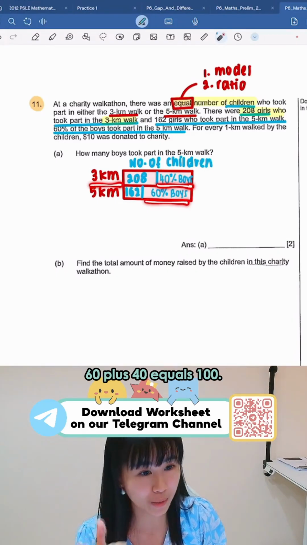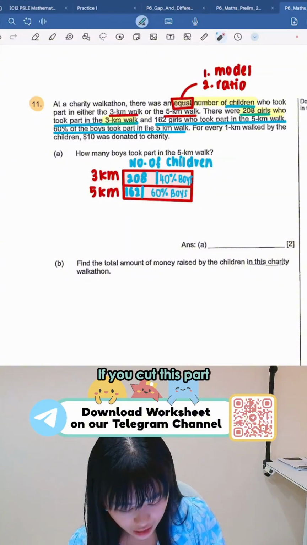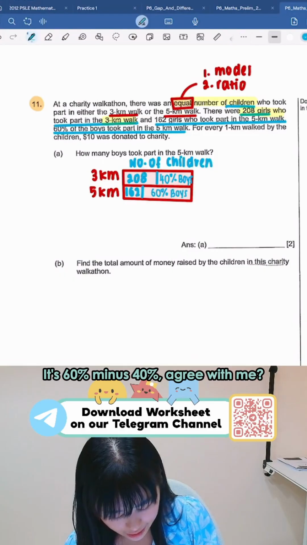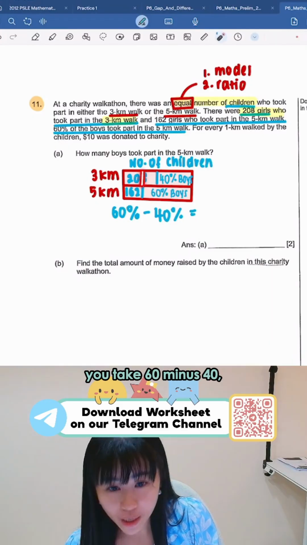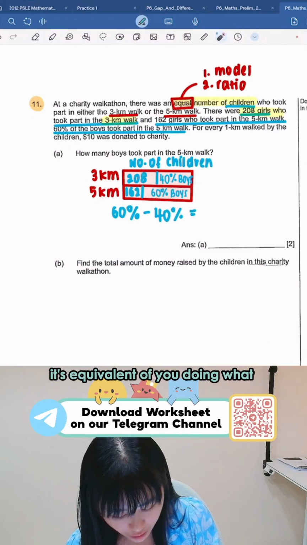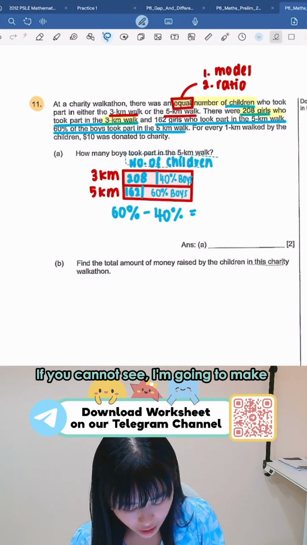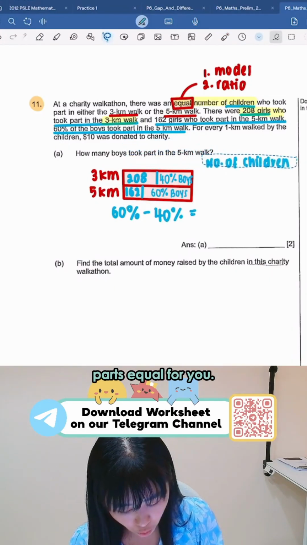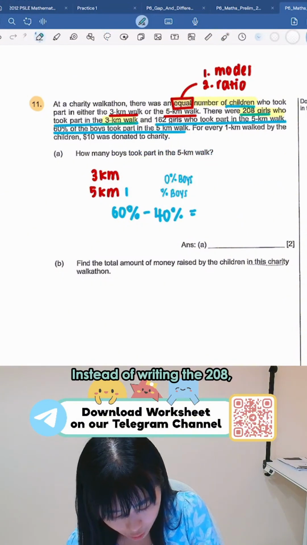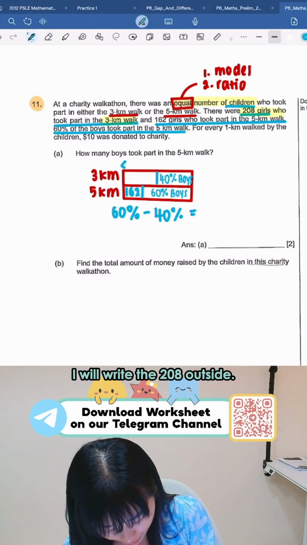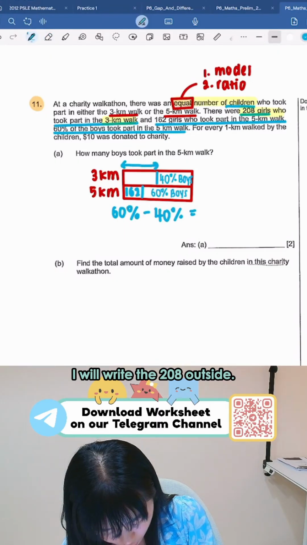Makes sense? Because 60 plus 40 equals 100. If you cut this part, it's 60% minus 40%. Agree with me? Now, if you cut this part, you take 60 minus 40, it's equivalent of you doing what to your 208 and 162. If you cannot see, I'm going to make parts equal for you. Instead of writing the 208, I will write the 208 outside.